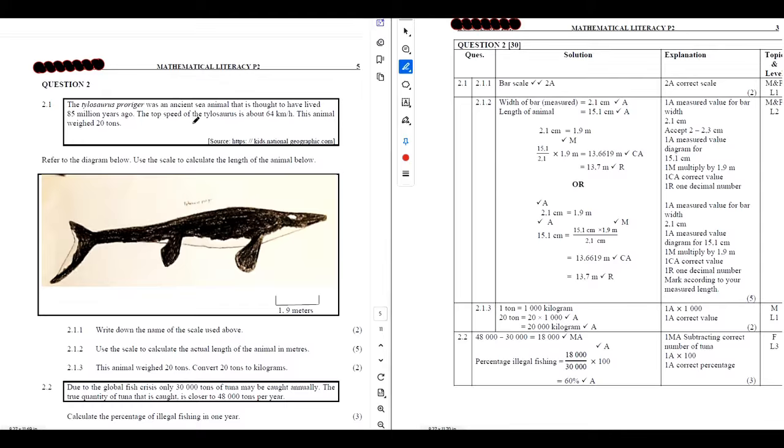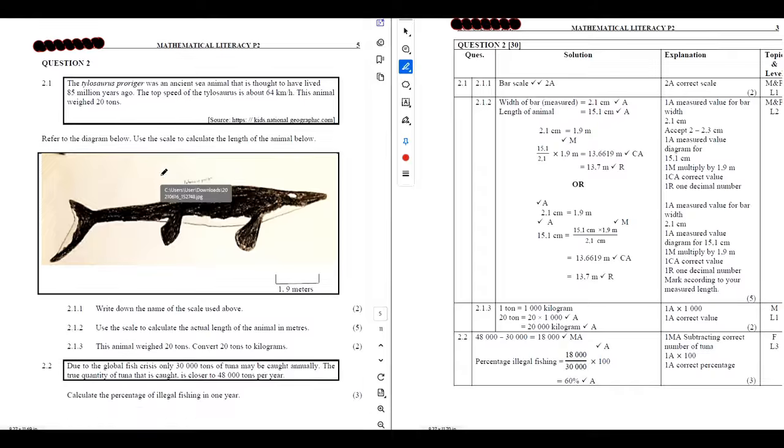The top speed of this fish was about 64 kilometers per hour. This animal weighed 20 tons. So just like on the first question, guys, you check your question, and then you use what you are given to answer your set of questions.